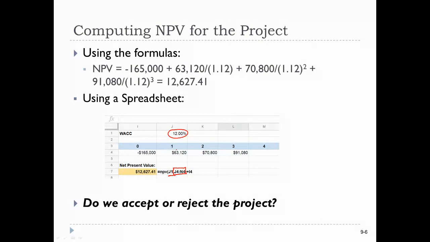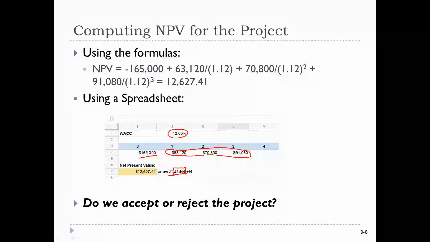That is these numbers right here. Well, it extends out to column N, but we have zeros in columns M and N. Really only need to go through L4. But in any case, it captures those numbers, the future cash flows. I've left off the initial cost, which is in cell I4.